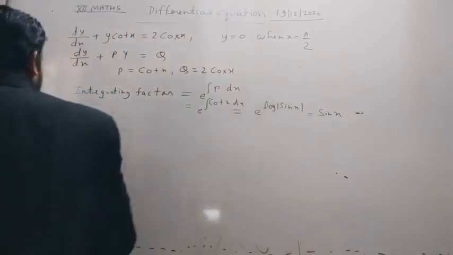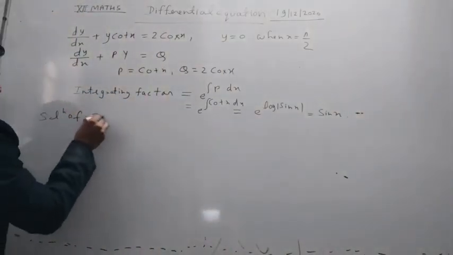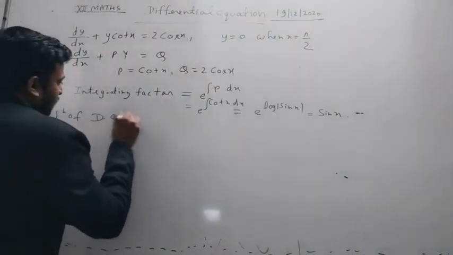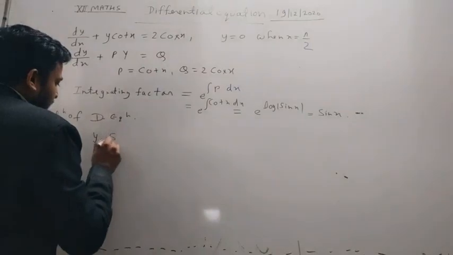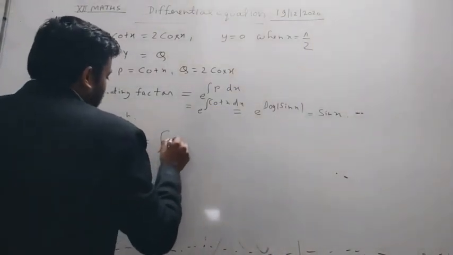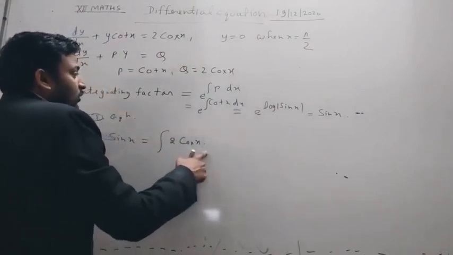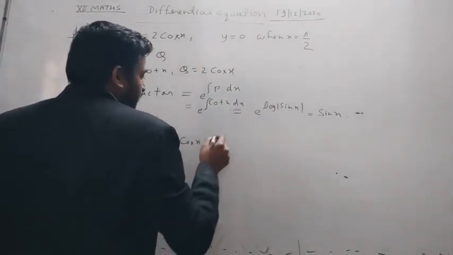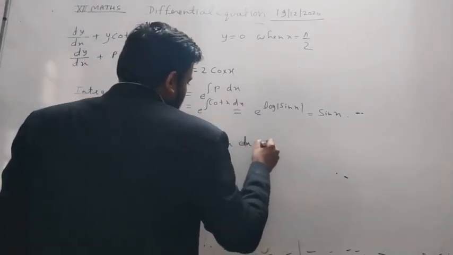Now the solution of the differential equation is: y into the integrating factor, which is sin x, equals the integration of q, which is 2 cos x, times the integrating factor sin x, dx, plus c.